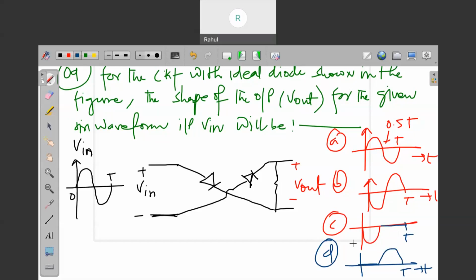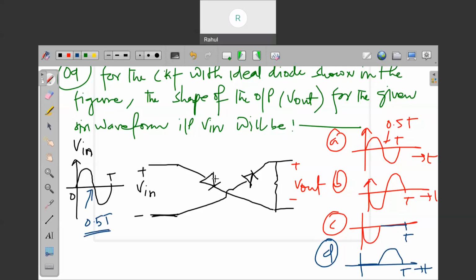This is a very easy question, because you have to check whether the diode is on. Already I have told you, suppose this is 0.5 capital T, that is T by 2. For the positive half cycle, it will be connected plus to minus.